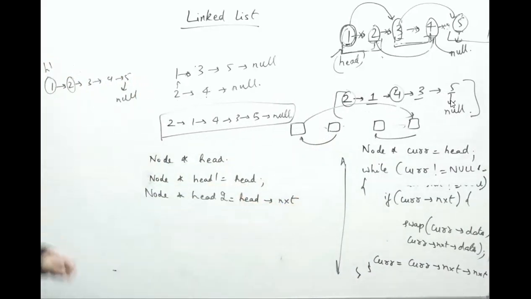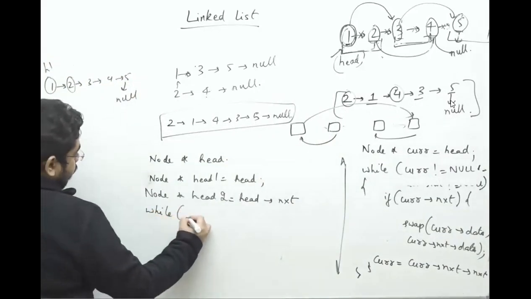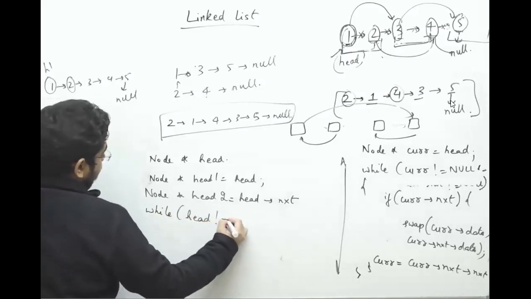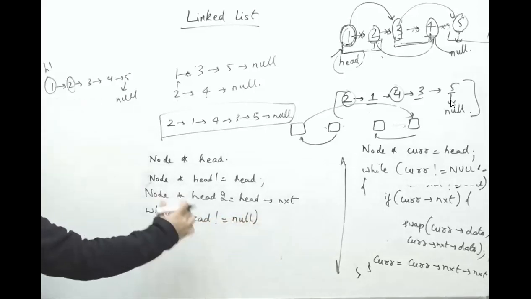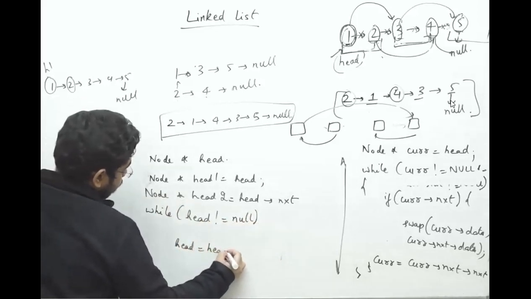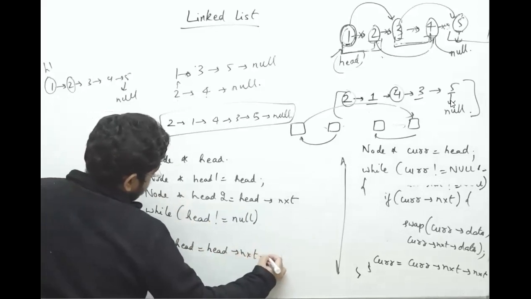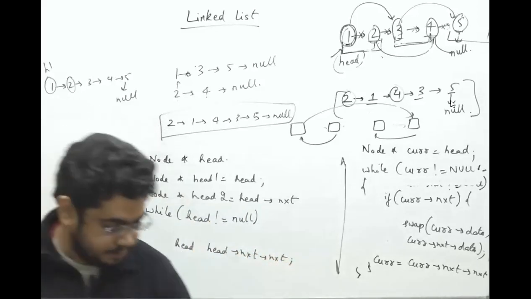Okay. Now what do I need to do? While head is not null, ideally I need to just do head equal to head's next next. Sorry, head's next.